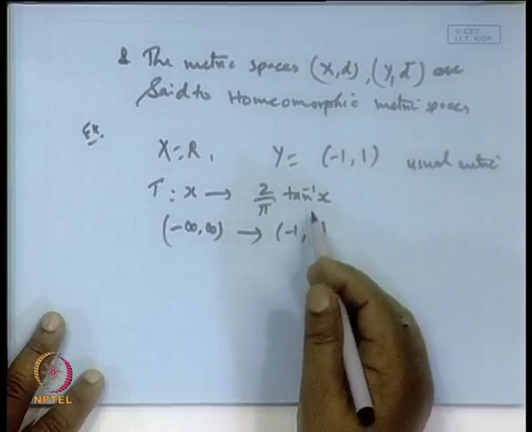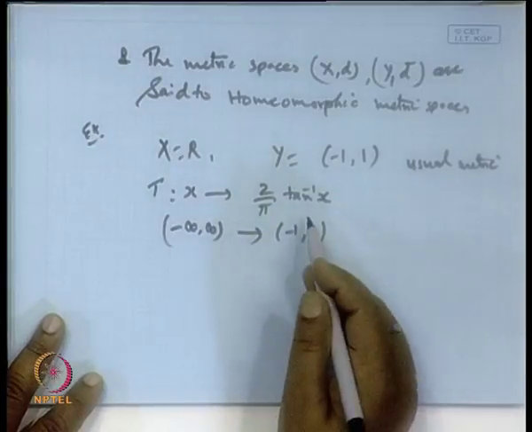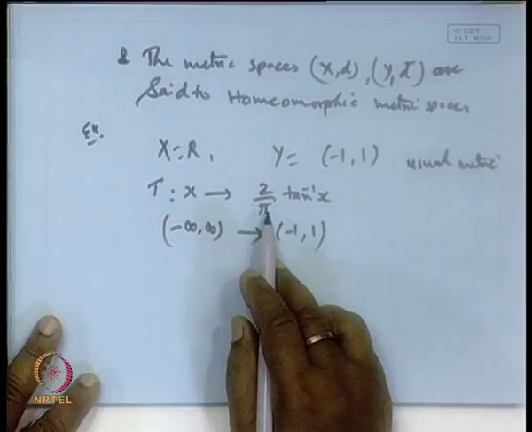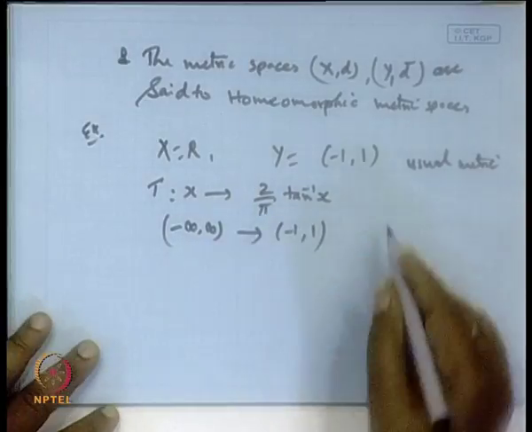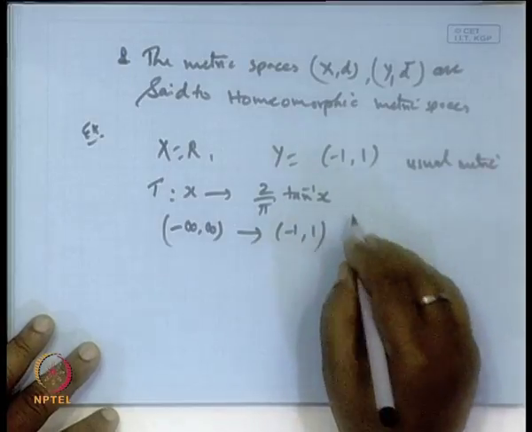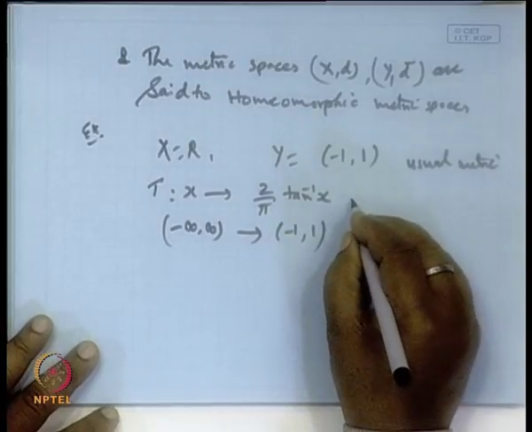When we take the inverse, what is the inverse? The inverse will be equal to what? Pi by 2 tan x. So, this is the inverse mapping T inverse y, suppose this is equal to y.